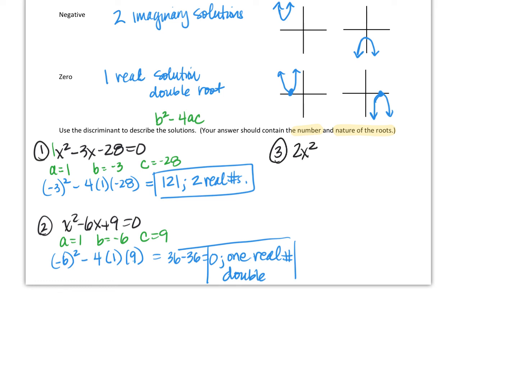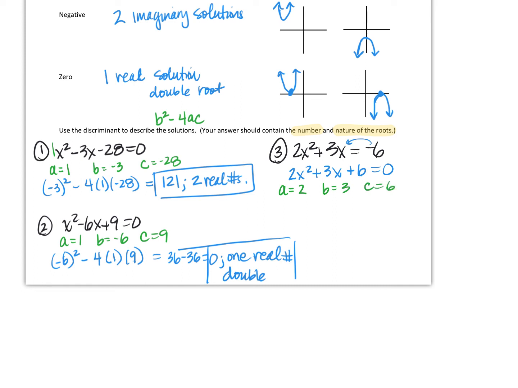2x squared plus 3x equals negative 6. Now, you notice what happened here? This is not in standard form. It's not equal to 0, so I need to take that extra step and rearrange it to make it standard form. So 2x squared plus 3x, move that negative 6 over, make it positive 6 equals 0. Now I can determine A is 2, B is 3, C is 6.